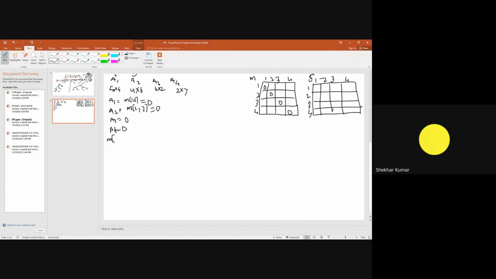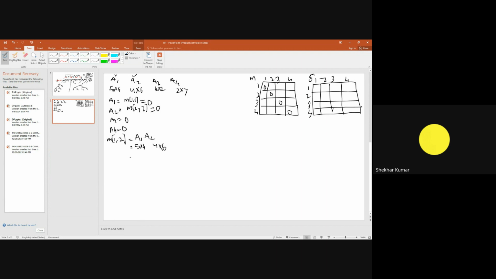So A1 multiplied with A2. How many multiplications are required? What should be the cost? A1 is a 5 by 4 matrix and A2 is a 4 by 6 matrix.